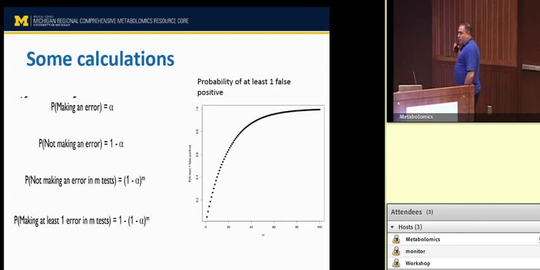So the moment you start doing enough comparisons, because you have a lot of metabolites to test, and you call them significant at the level of 0.05, the moment you reach something like 60 of those comparisons, you know that you have false positives. That's a mathematical fact.